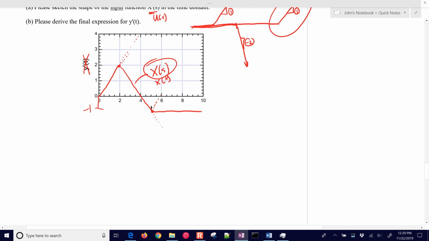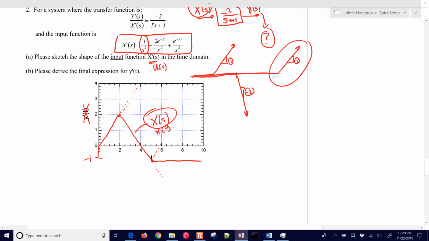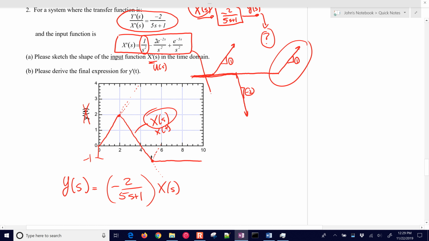Alright, so let's derive the final expression for y of t with this information. We're going to start with just multiplying. I'll take my transfer function right here: y of s equals minus 2 divided by 5s plus 1 times x of s. Now x of s is right here.